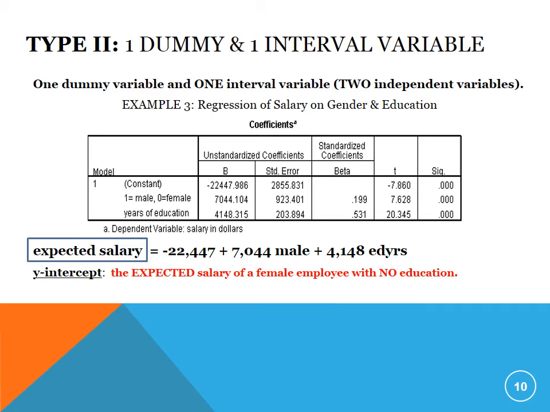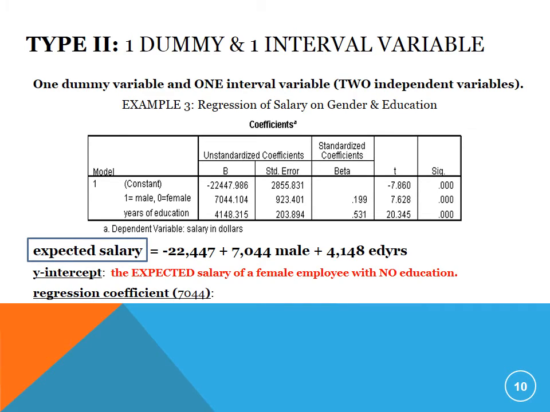So when our x for gender is 0, that would be female. When our x for education is 0, that would mean no education. So our y-intercept is the expected salary of a female employee with no education.